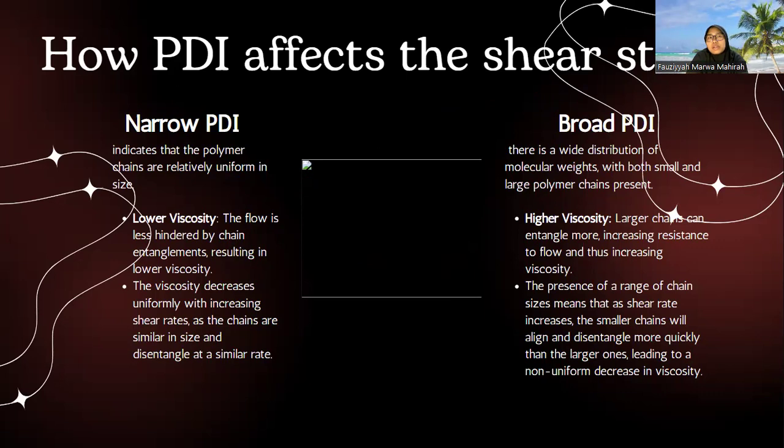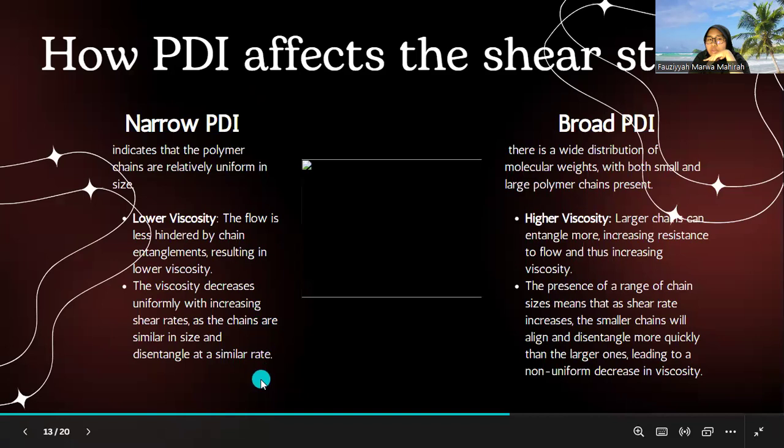Narrow PDI means the polymer chains are relatively uniform, while broad PDI has a wide distribution of molecular weight, which means there are longer chains and shorter chains. So narrow PDI definitely has lower viscosity because the flow is less hindered by chain entanglement, and the viscosity decreases uniformly with increasing shear rate as the chains are similar in size.